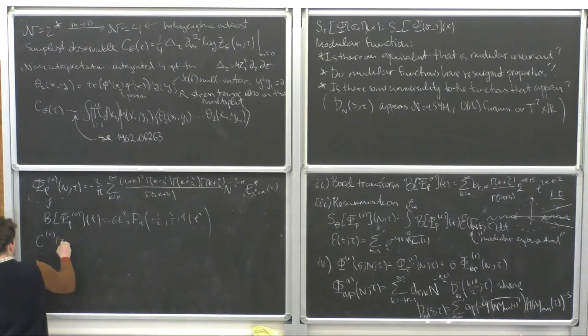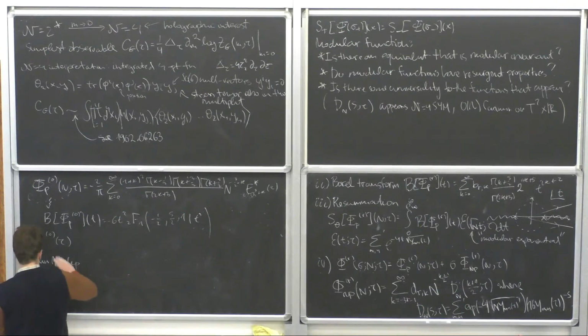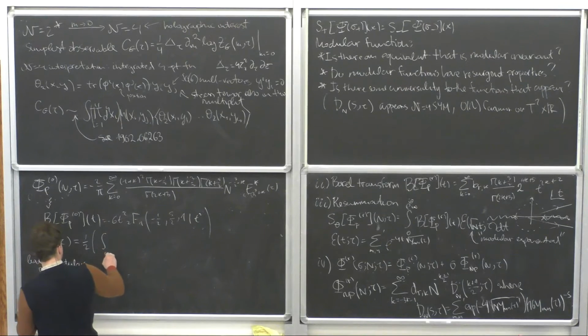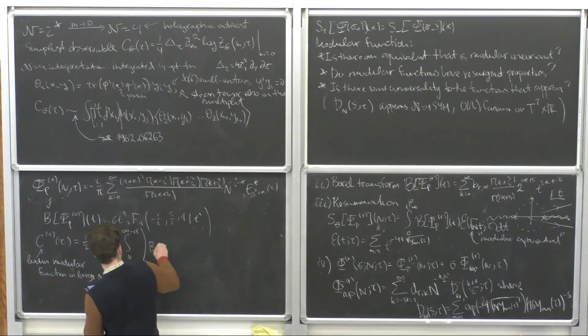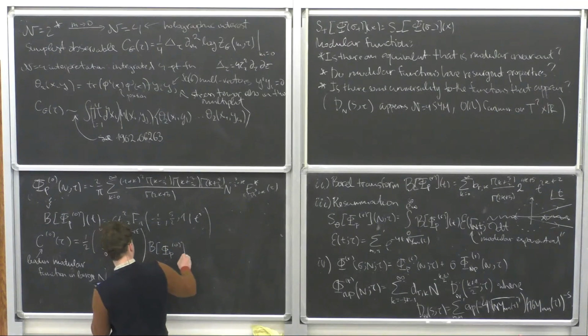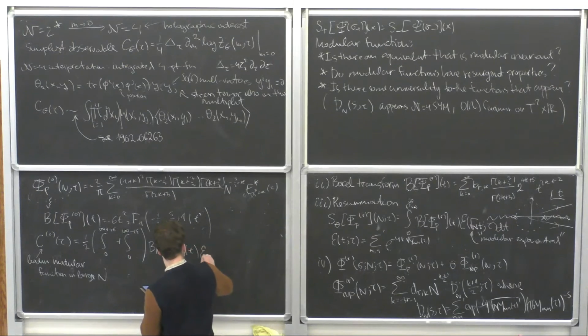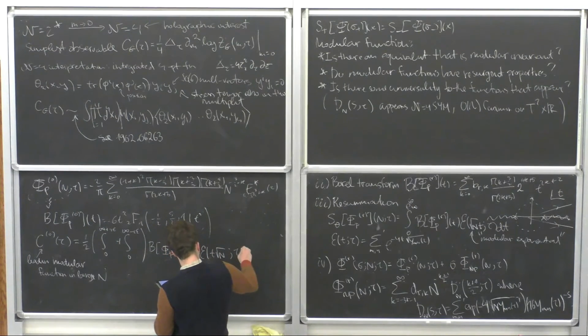So you have this function c0 of tau, which is the leading tau dependence, the leading modular function in large N. And then what you can show rigorously is that c0 of tau really is equal to a half times the integral 0 to infinity plus I epsilon minus the integral 0 to infinity minus I epsilon of this Borel transform times epsilon of t, square root of n, tau dt.